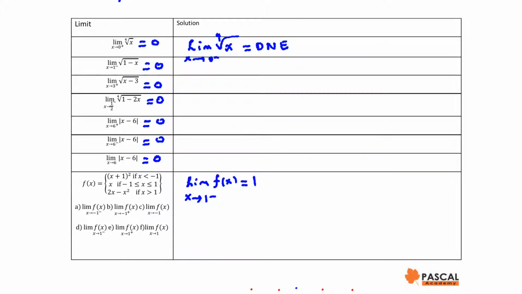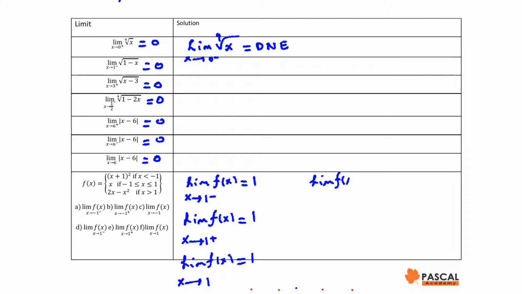The limit of f of x as x approaches 1 from the right side: when x is bigger than 1, f of x is 2x minus x squared. The limit of 2x minus x squared as x approaches 1 is 2 minus 1, which is 1. Therefore, the limit of f of x as x approaches 1 is 1.